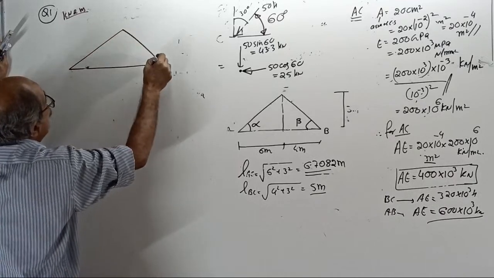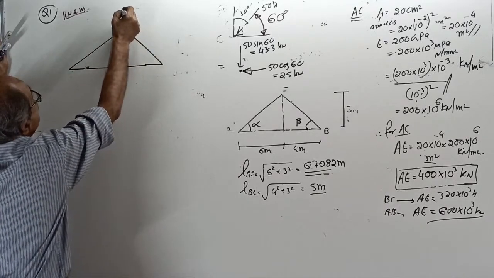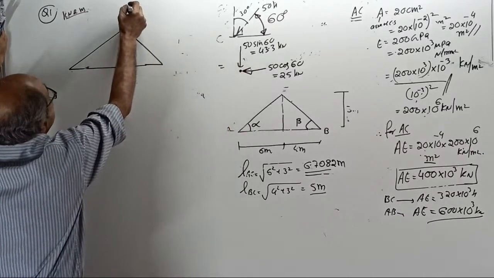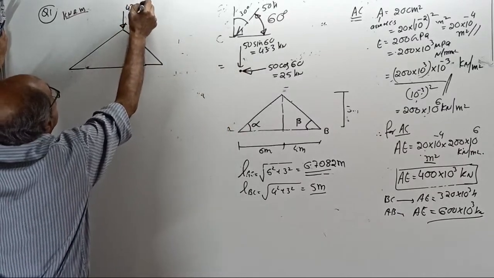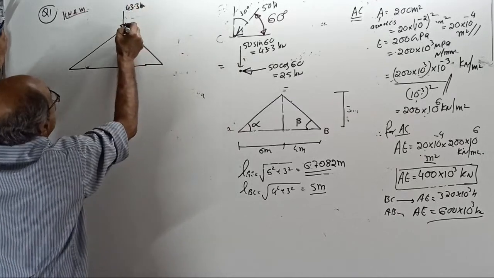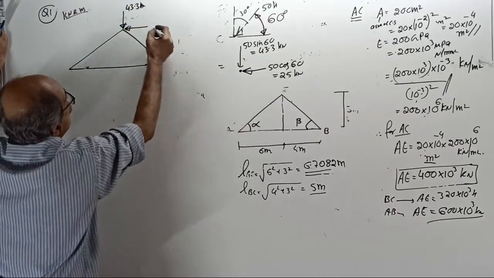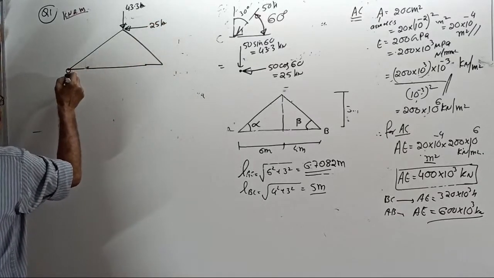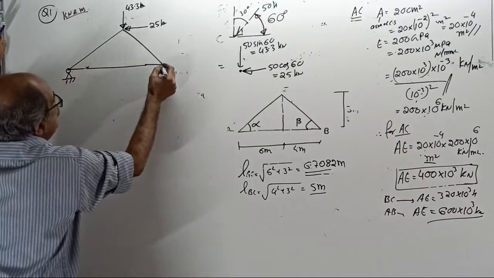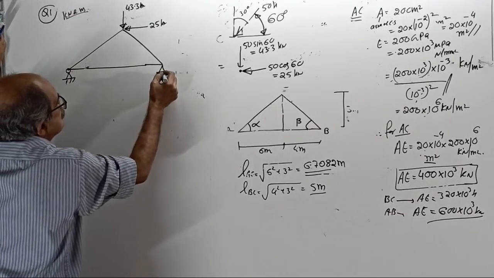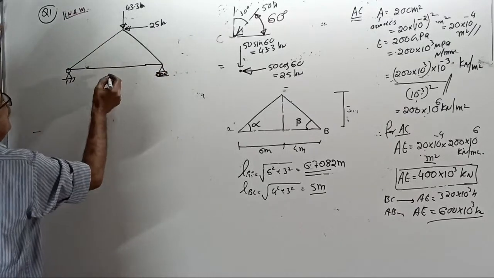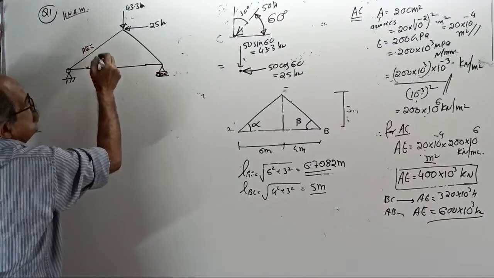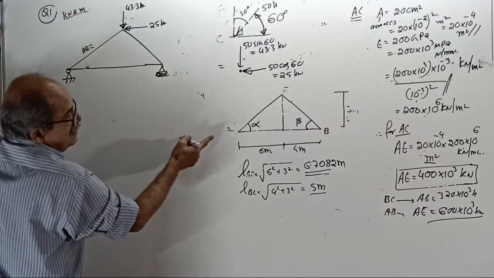There is a vertical load here downwards of 43.3 kilonewton and a horizontal force to the left side here of 25 kilonewton. This is a hinged support. This is a roller support. And for this member, your AE equal to, how much answer did you tell? What is the answer for AE?